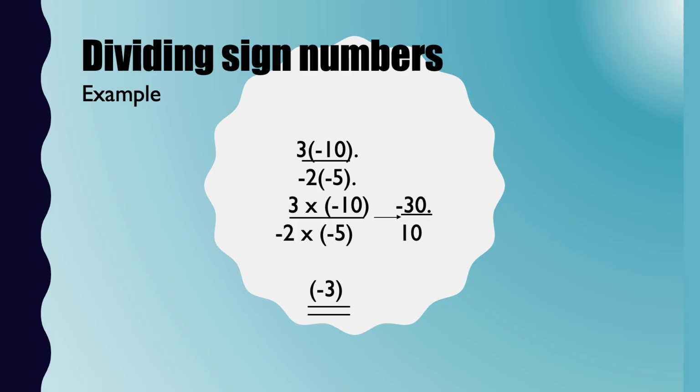Remember, when you divide different signs, the answer is minus. It is the same as in multiply and divide. So what is the last answer? Minus 3. So this is how you are going to do dividing.